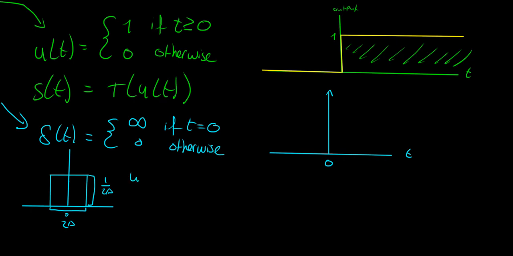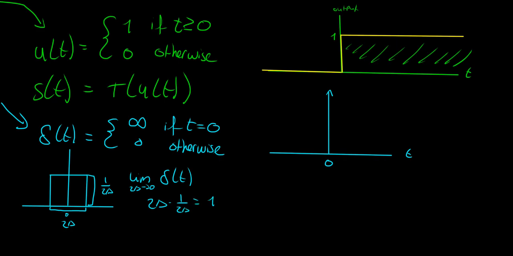So if we take the limit of 2 delta going to 0, that means the width of our function gets lower, lower, and lower, and the height goes up, up, and up. But the surface of this function is 2 delta times 1 over 2 delta, which is equal to 1.